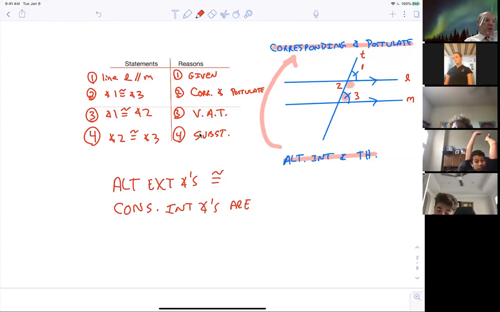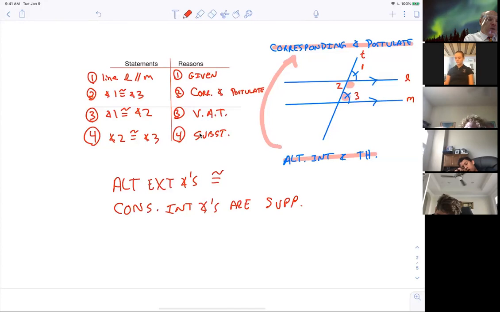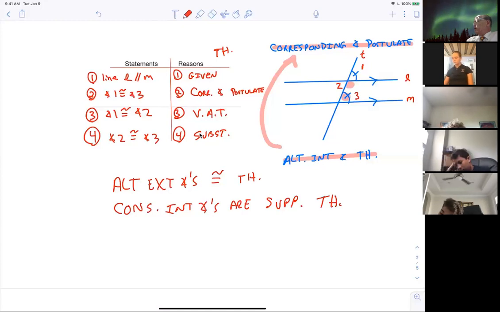We're going to show that alternate exterior angles are congruent, but consecutive interior angles are supplementary. These are theorems, because we can prove them. The only one that is a postulate is the corresponding angle postulate. That's something you have to know.